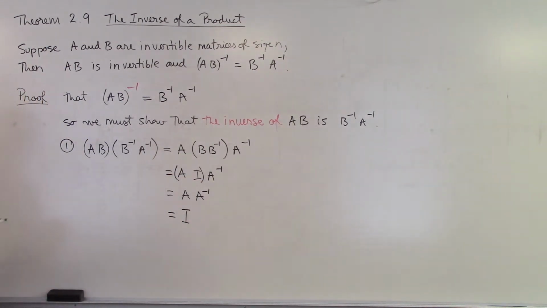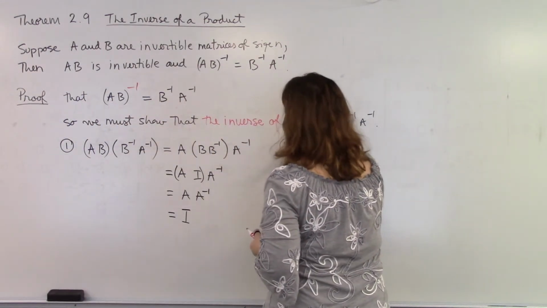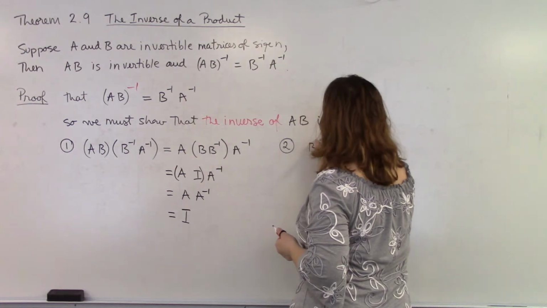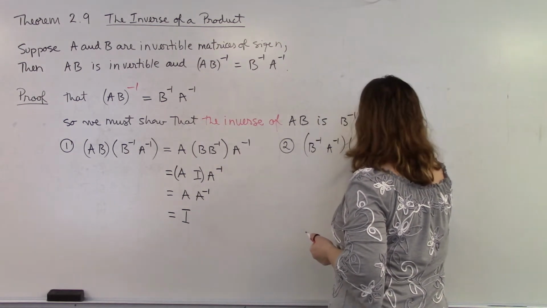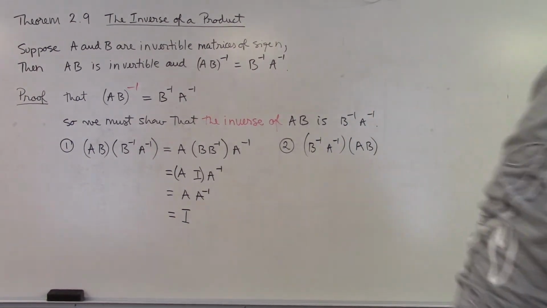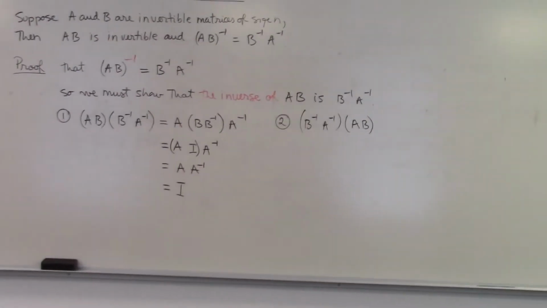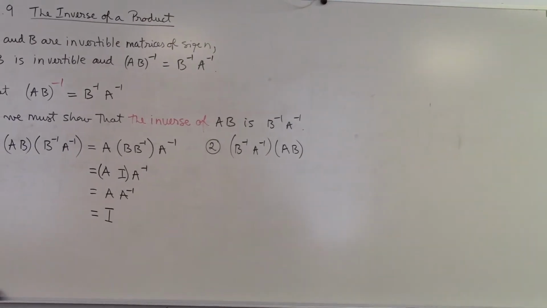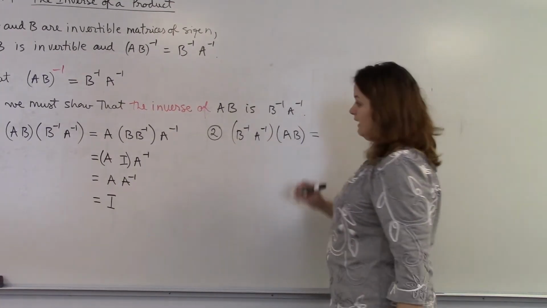Now, the second condition that has to be satisfied is that I have to check that B inverse A inverse times AB also equals the identity. Let me make sure the camera can see that. Okay, so again, the same process.